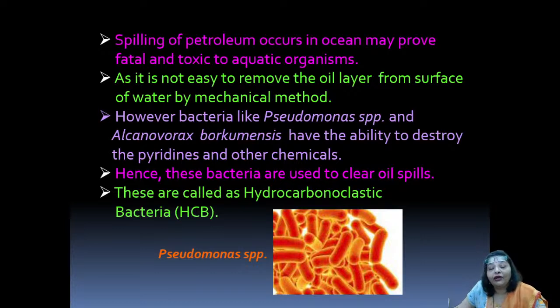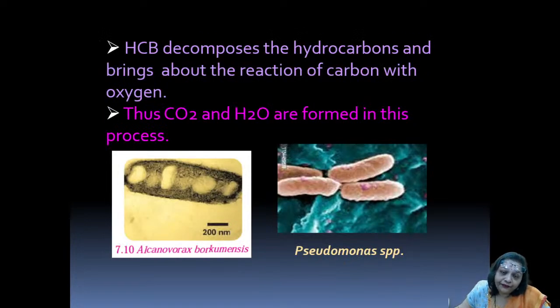These are actually called Hydrocarbonoclastic Bacteria, HCB bacteria. That is because they are clearing up all the hydrocarbons that are spilled on the surface of the seas and oceans. You can see a picture of Pseudomonas species over there, which is very, very important, as well as Alcanovorax borkumensis, which has that ability to destroy the chemicals present in the oils or petrol, different hydrocarbons.